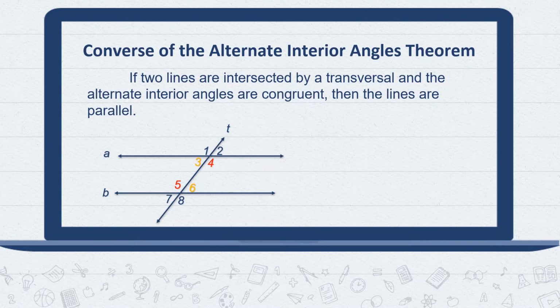Let's say angle 3 and angle 6 are alternate interior angles. If they are congruent, and angle 4 and angle 5 are congruent, then we can say that line A is parallel to line B.